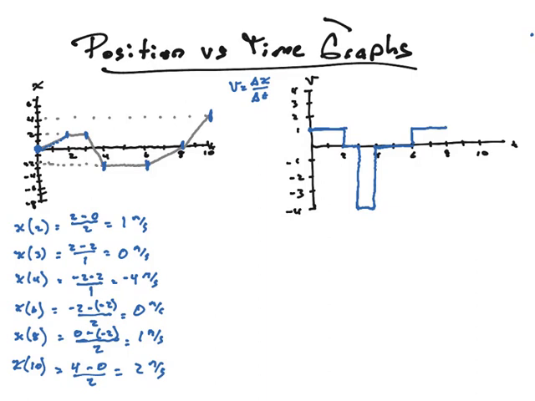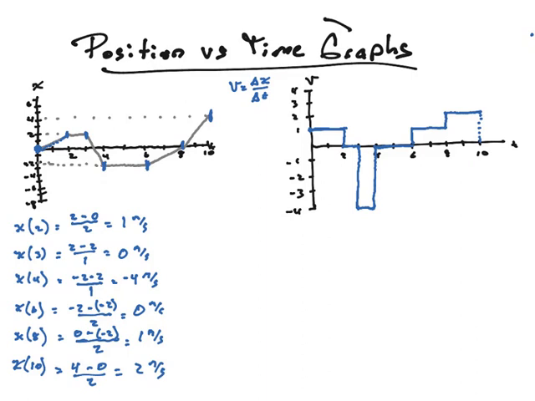And in the last 2 seconds, from 8 to 10, we have a velocity of 2. This moves up to 2 meters per second. And there we go. There is our velocity versus time graph based on the information given in a position versus time graph.